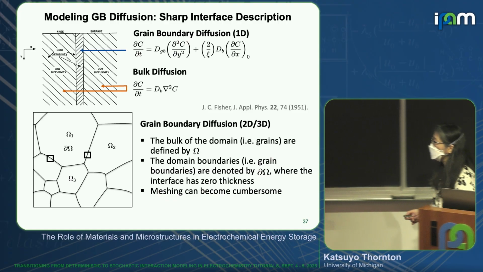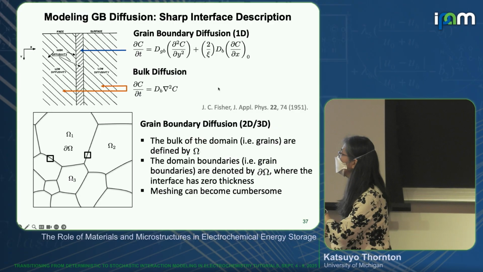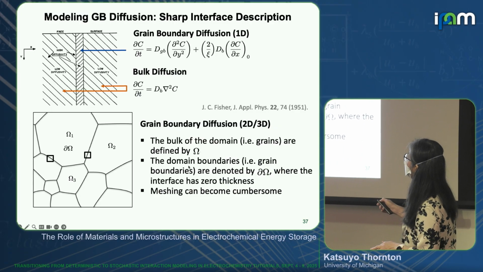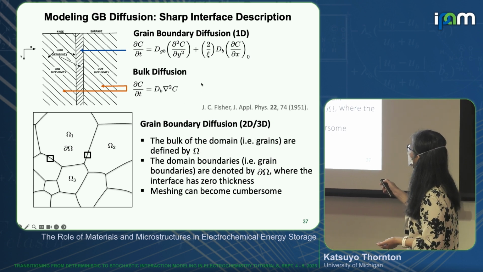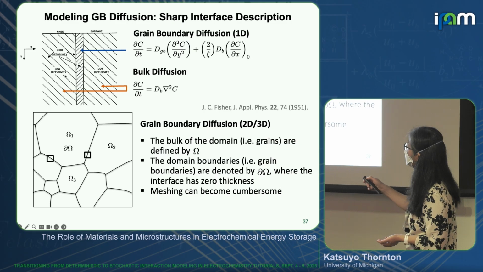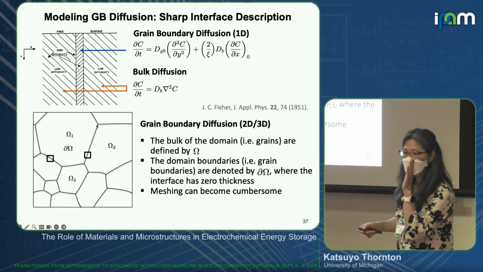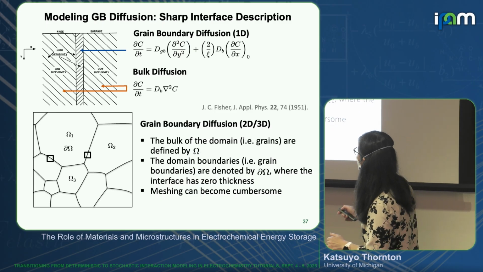So in terms of grain boundary diffusion, we looked at it because it had this sharp interface model and other types of models. You can describe the grain boundary diffusion when the grain boundary is parallel to the diffusion direction.